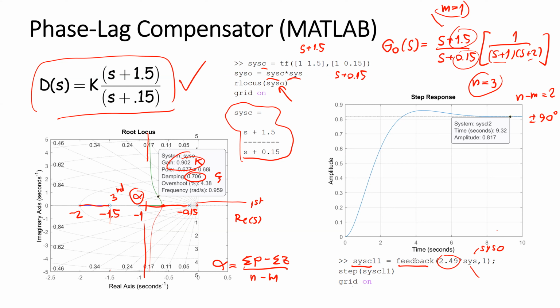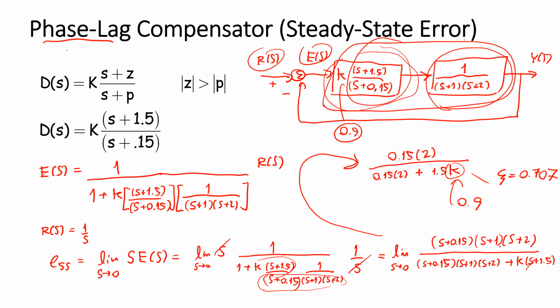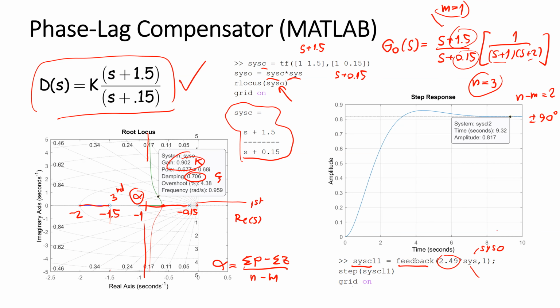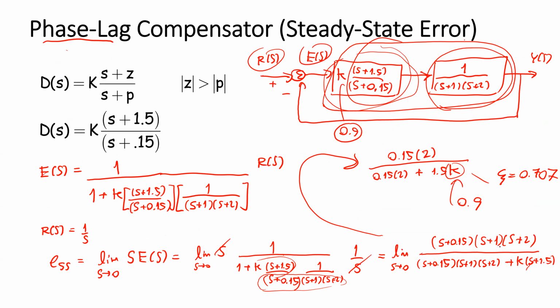Because we obtain the gain K from the root locus, and the gain K that we obtain from the root locus, wow, it seems like I have something wrong here.